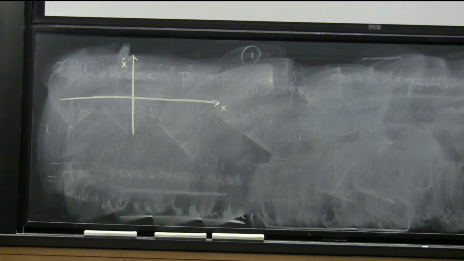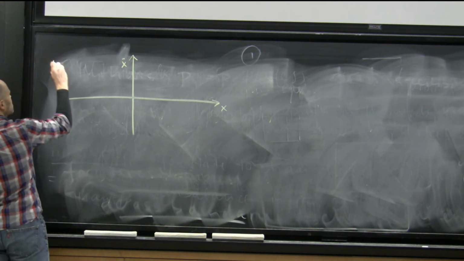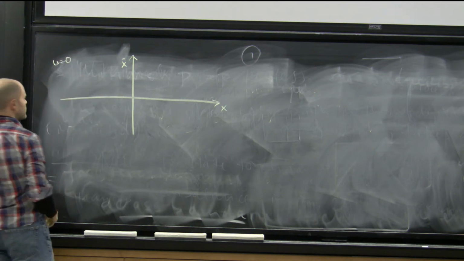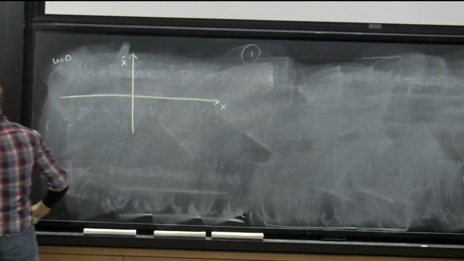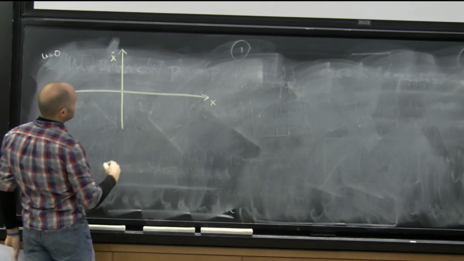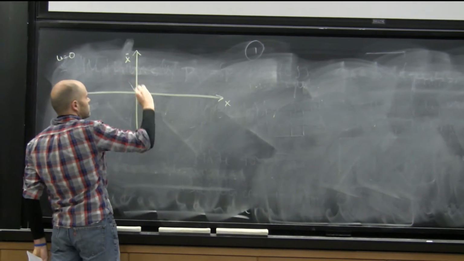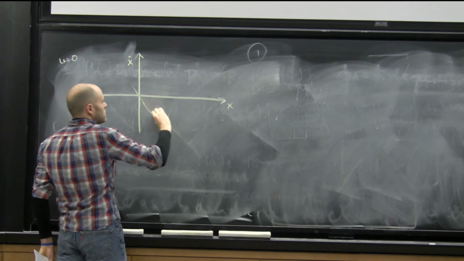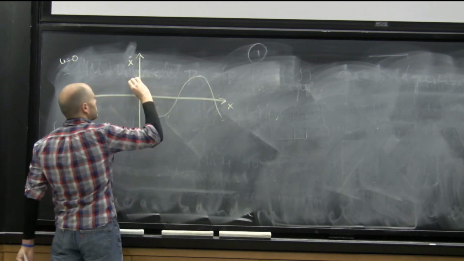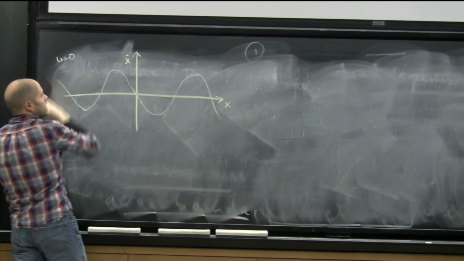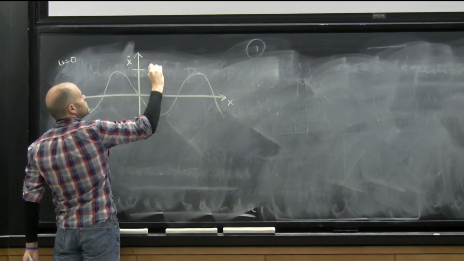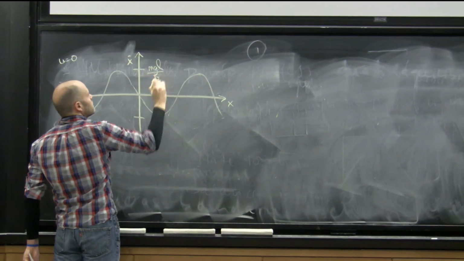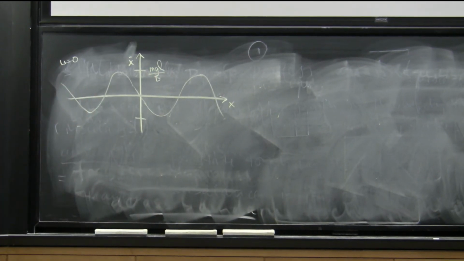I'll draw it first for u equals 0. That is just a sine wave, right? It's negative mgl over b sine theta. So negative sine theta has a slope of 1 at the origin, and it's a sine wave that has an amplitude of mgl over b.